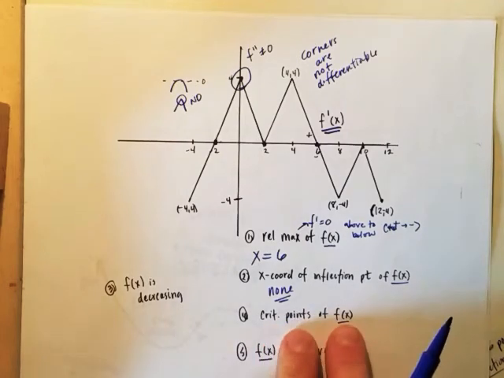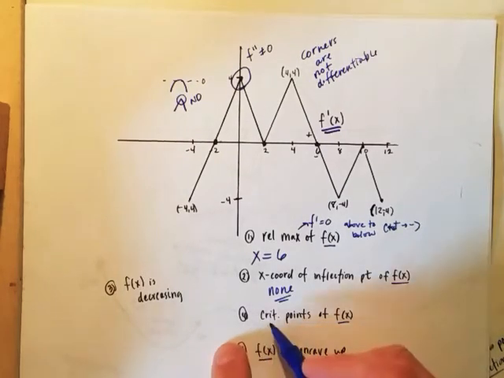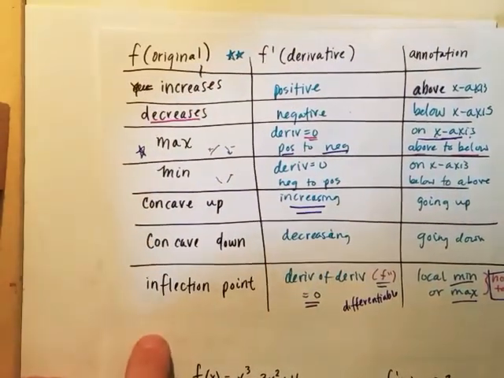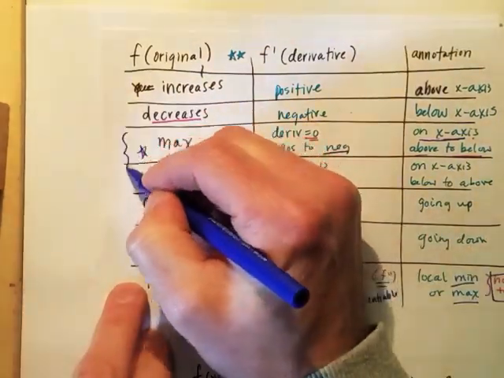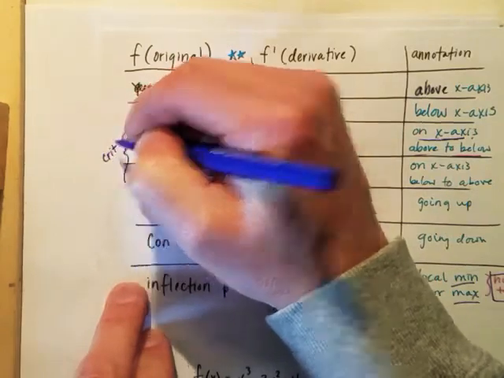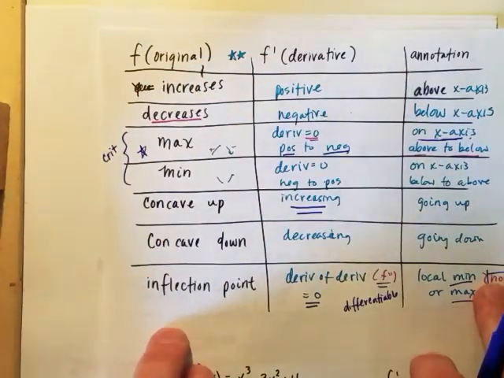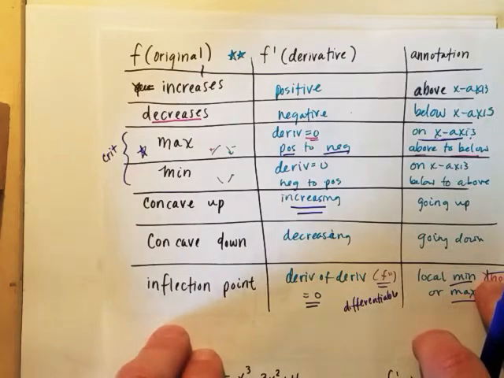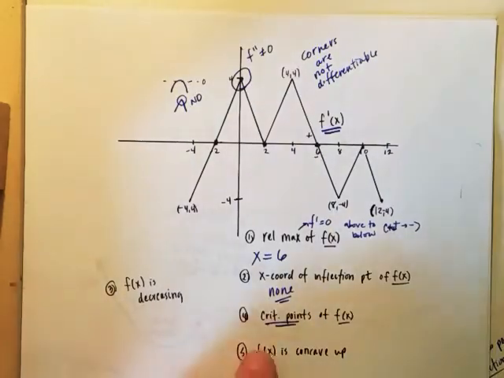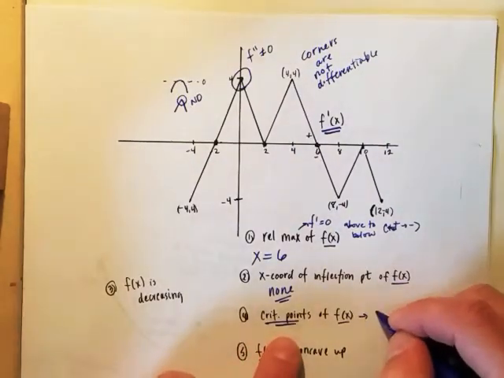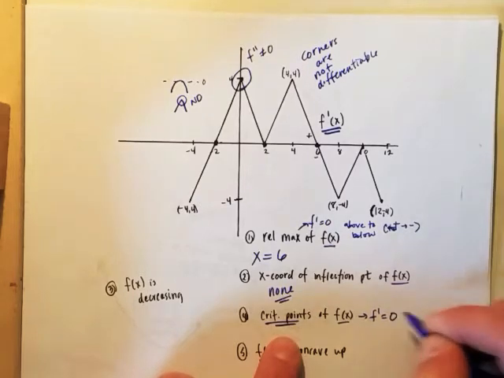The critical points of f of x. Now this is a definition that we have to go back and find. Critical points are going to be any max or min, and any undefined slopes. So just so that we remember, critical points are anytime f prime equals 0.